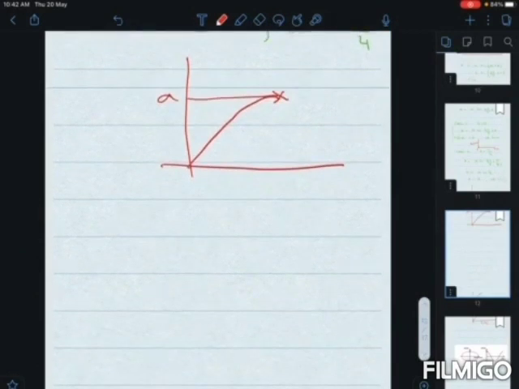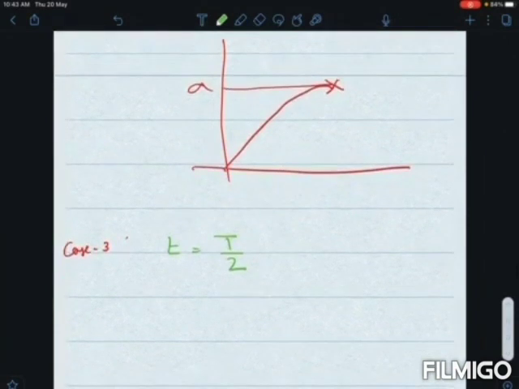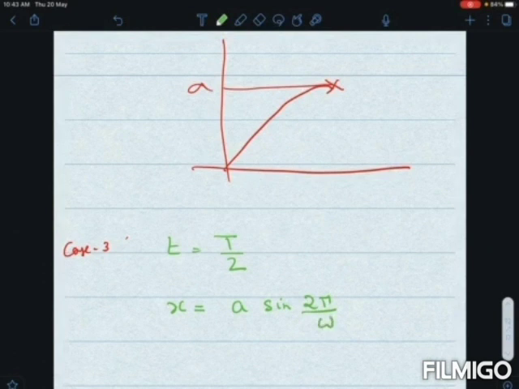Now the next one is case 3, t is equal to T by 2. Now it is half the period. So what happens to x? Just put it down. Substitute for t: a sine, omega is replaced by 2 pi by T into small t, which is T by 2.